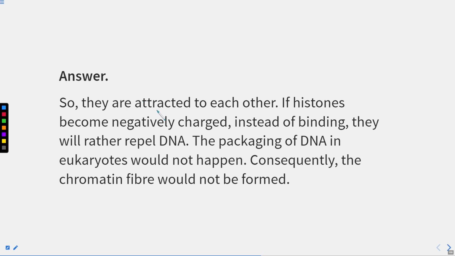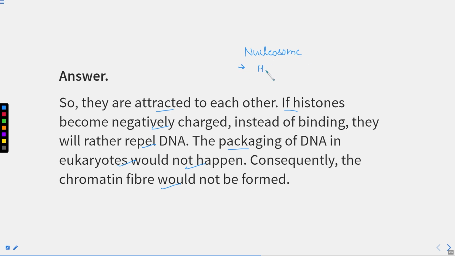They are attracted to each other. If the histones become negatively charged, instead of binding, they would repel the DNA. Then the packaging of DNA in eukaryotes would not happen. Consequently, chromatin fiber will not form. It will disturb the nucleosome formation.